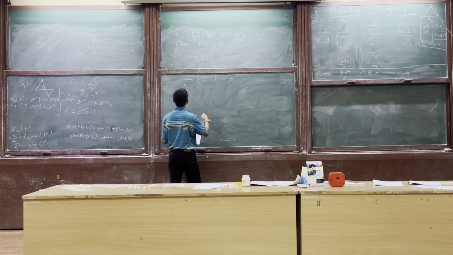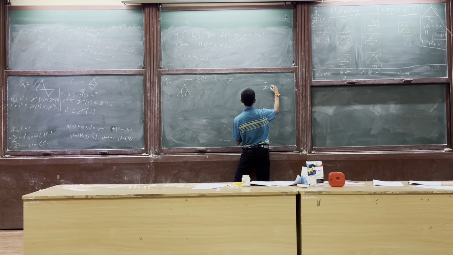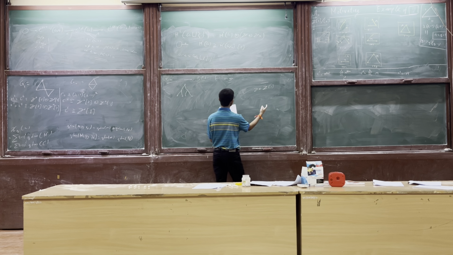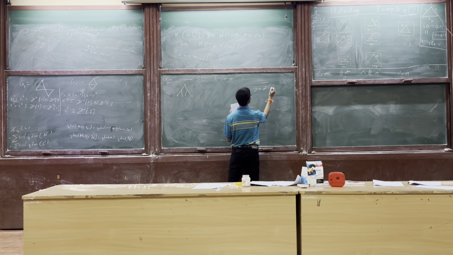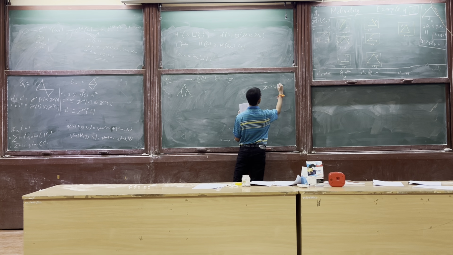And for one of them, this is Z^1. Wait, just give me a second. I think Z plus Z^1, I guess. Now you have n minus 1 edges. So Z^1 plus Z^2.